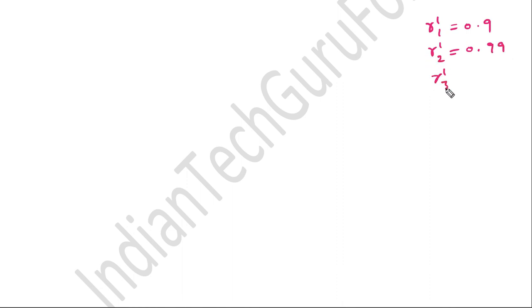R power 1 suffix 3, the reliability will be 0.999. So like this we can calculate the reliabilities. This is the basic information we need to solve the reliability design problem. Now let us take a problem and solve the reliability design problem.